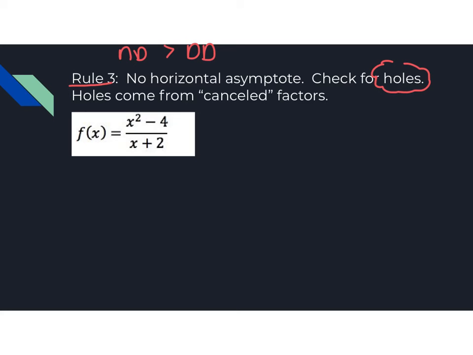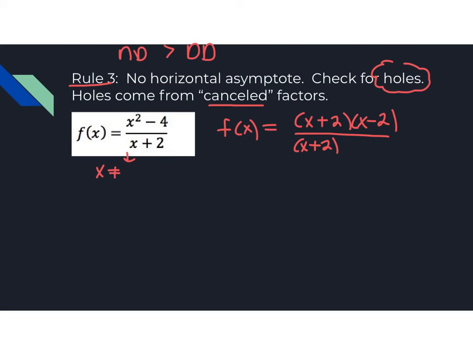A hole in the graph shows up when you have a canceled factor. So let's see how this plays out. For this function, just like our last example with the rational expression, I'm going to start by factoring the numerator. What we've been talking about all along is that our numerator gives us our x-intercepts and our denominator gives us our vertical asymptotes.